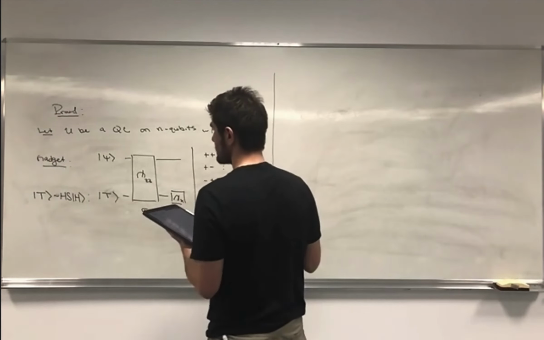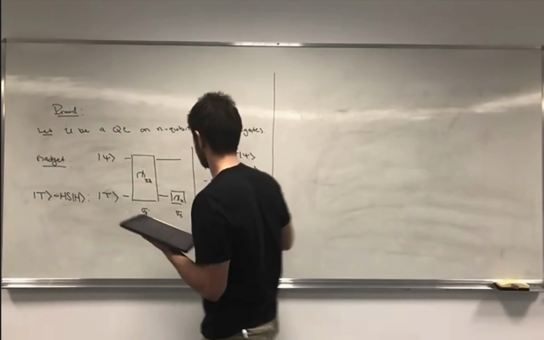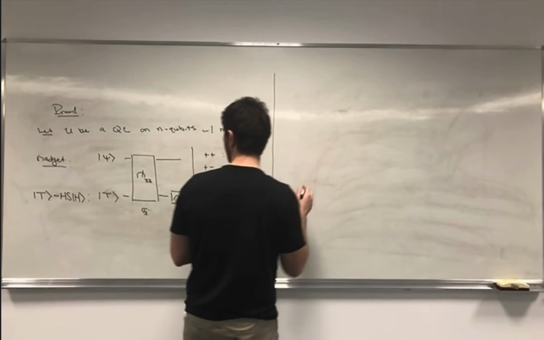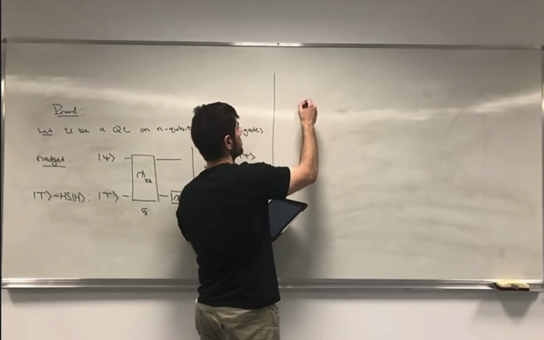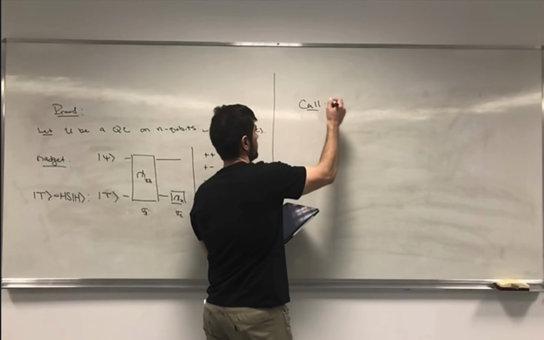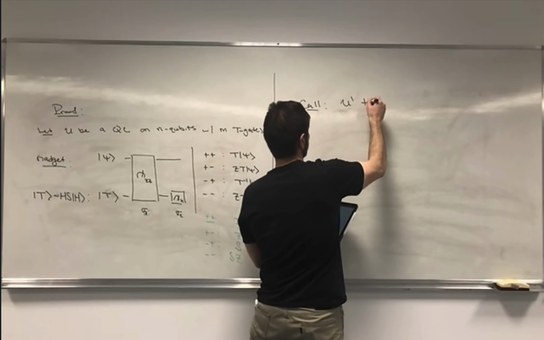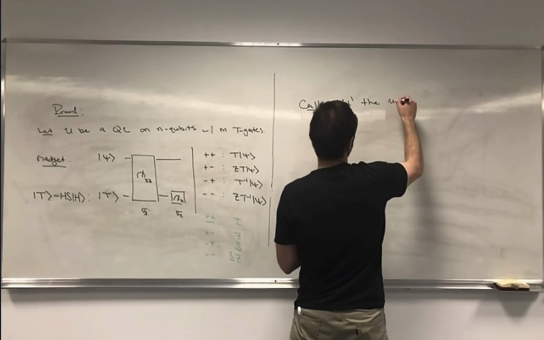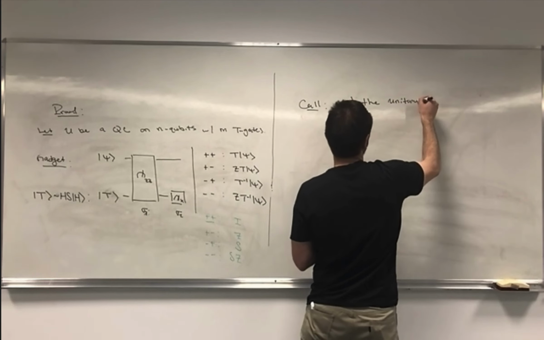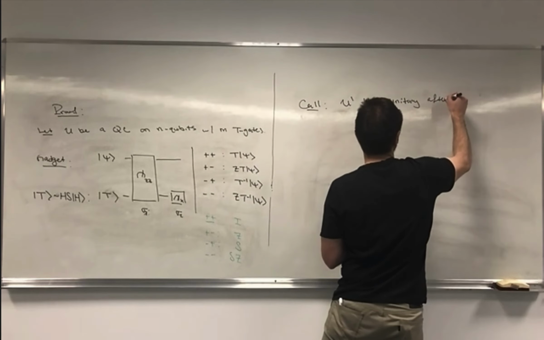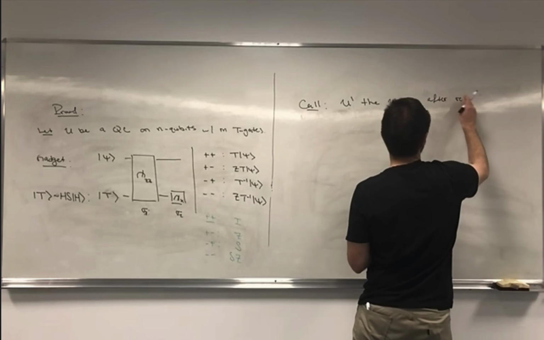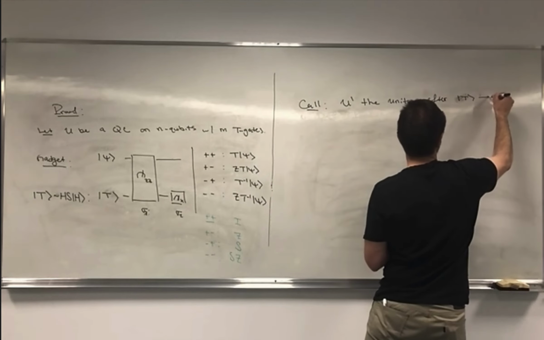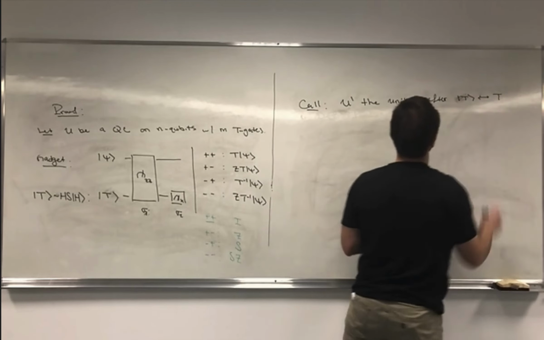So the next step we will have after we gadgetize the circuit, let's call U prime the unitary after replacing T states.